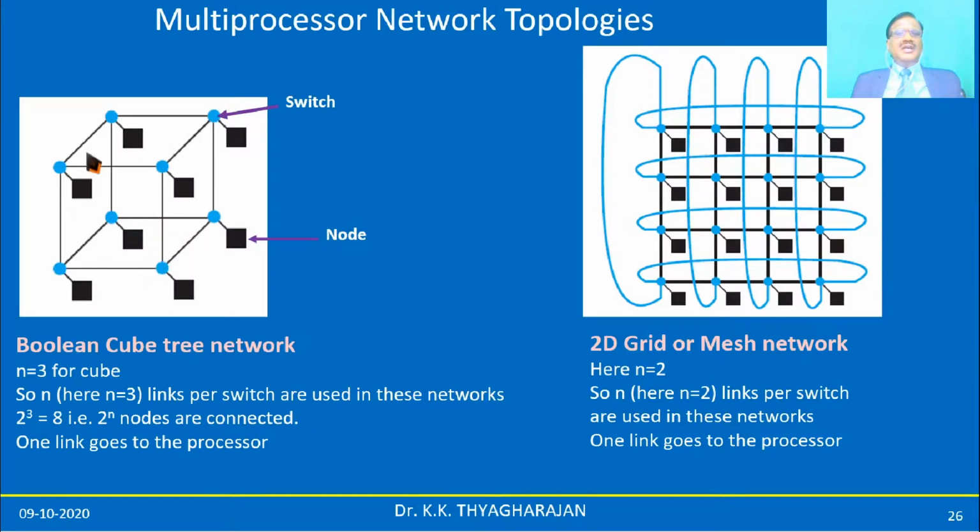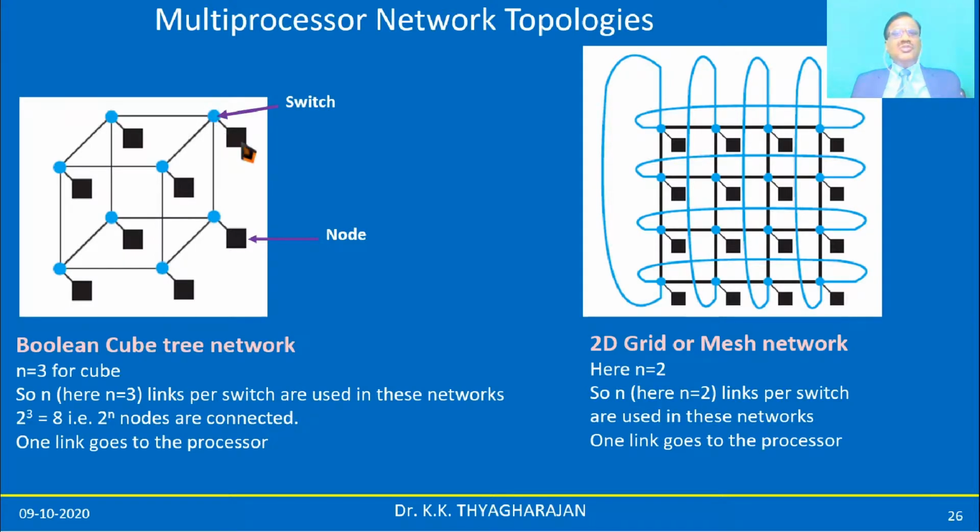Since it is a cube, it has 3 dimensions. One is here, one is here, one is here. So n is equal to 3 here. So each switch will have 3 links because n is equal to 3.